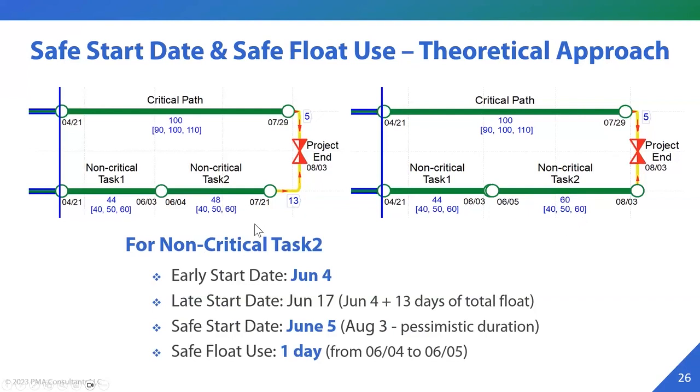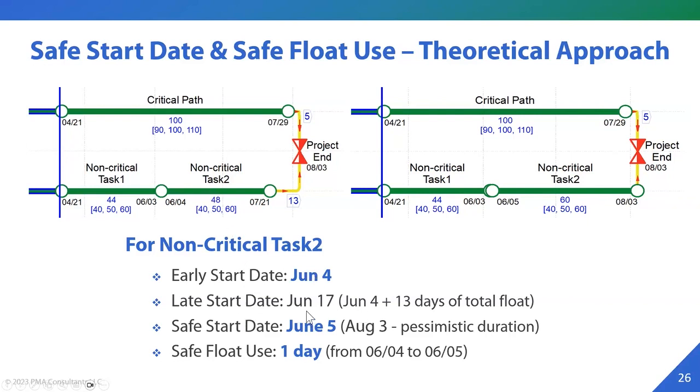So on the left, I have the original example. On the right, I am modifying it to have non-critical task 2 use its pessimistic duration and move to its late start date. So when we move it to the late start date, we get a start date for non-critical task 2 of June 5th. The original start date for non-critical task 2 was June 4th.